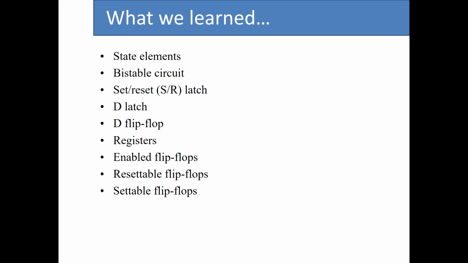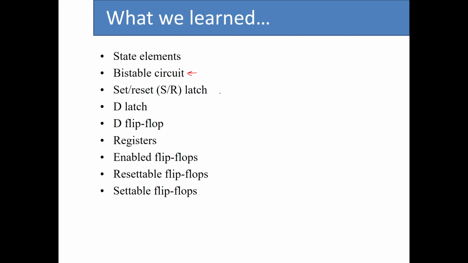To get to this memory functionality, we said that we need to design some state elements that help us store the state of the system. We started with the bistable circuit, which was 2 inverters back to back. We said that it is a good start, but not perfect, because we didn't have any input to control what is being stored in the circuit.